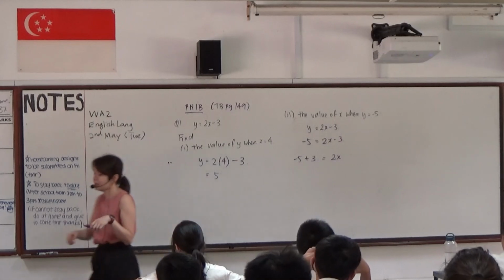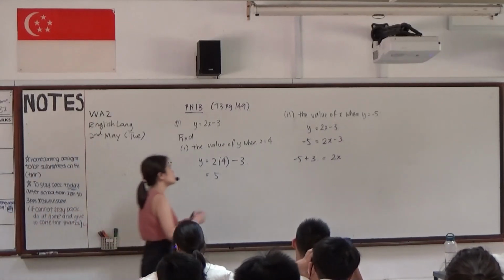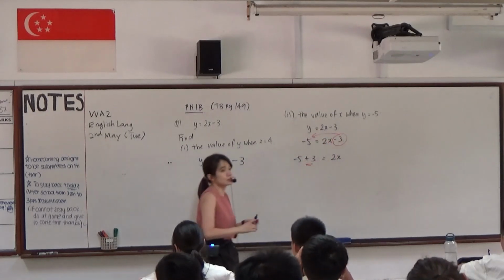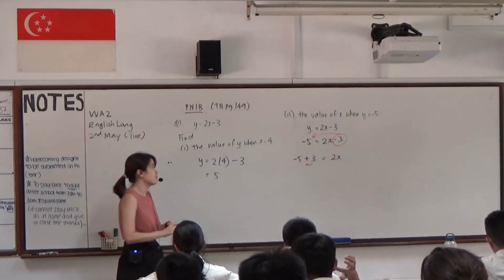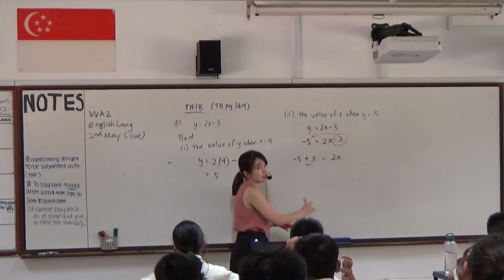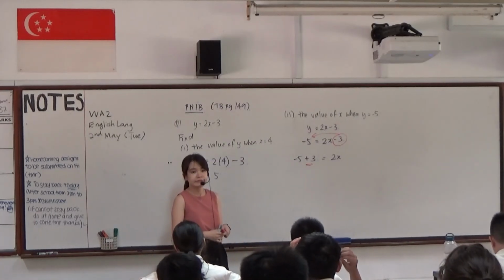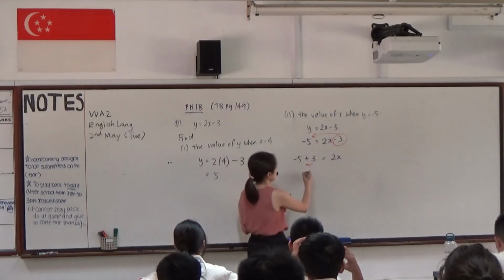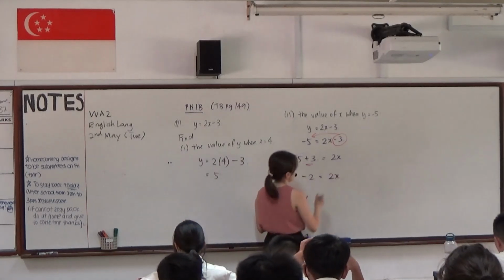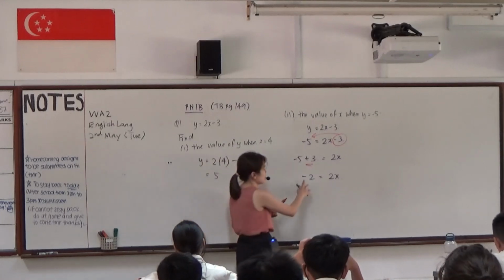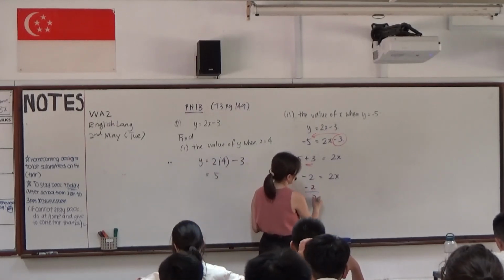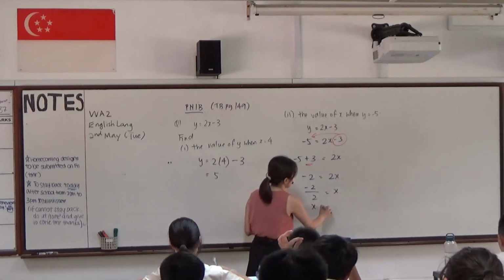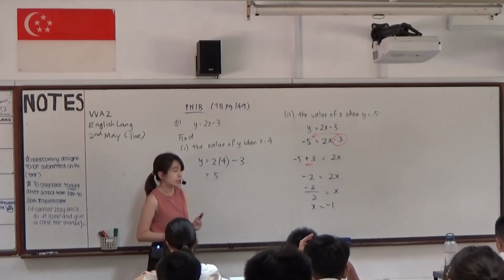We are taking this -3 over to the left, that's why we have a plus 3, because I want to solve for x. -5 plus 3, is it -8? No. What is it? Very good. -2 equals 2x. Then -2 divided by 2 will be the next step. That's how we find our x value, and x equals -1. Use calculator.